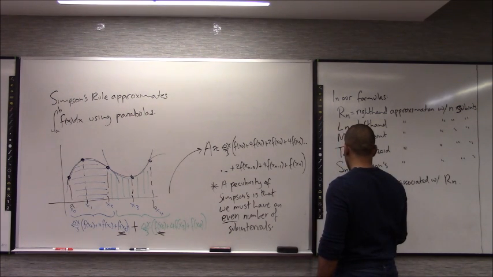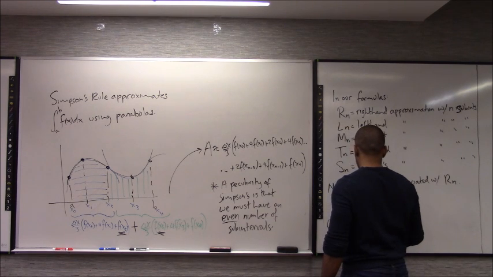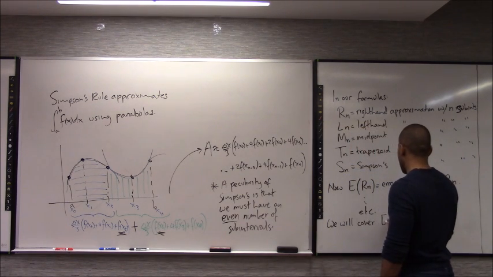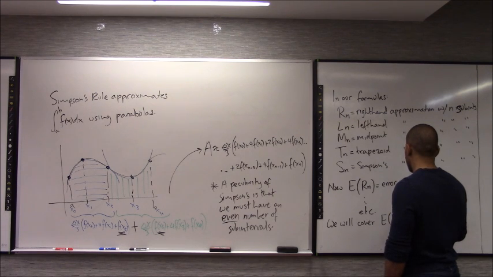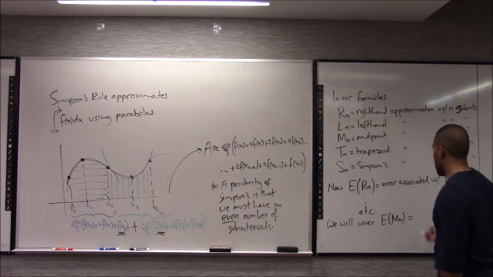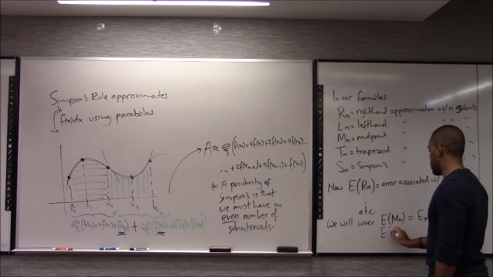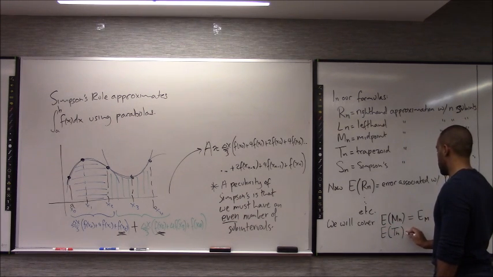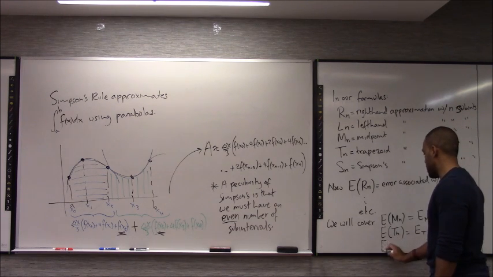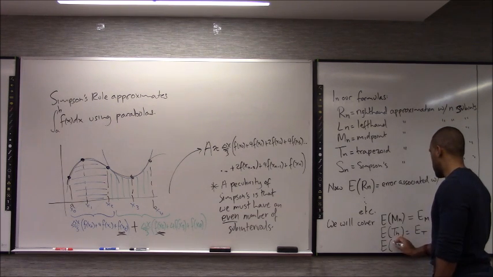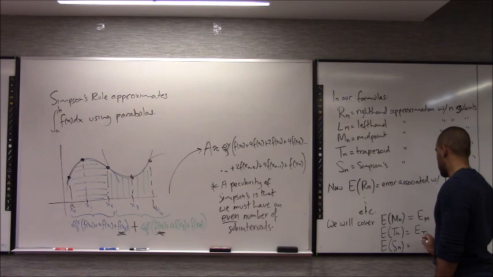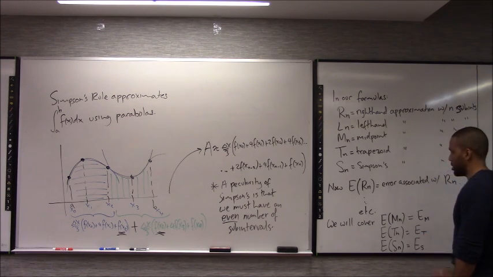We will cover the error associated with the midpoint rule, which now for shorthand we write E sub m, the error associated with the trapezoid rule, which for convenience I'll further abbreviate by that, and the error associated with Simpsons rule, which we will abbreviate by that.